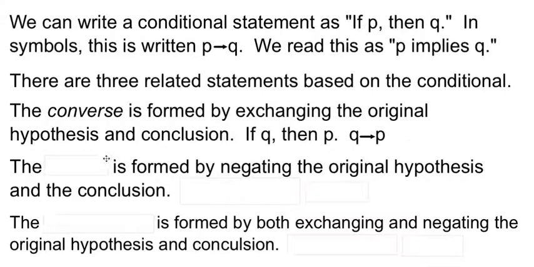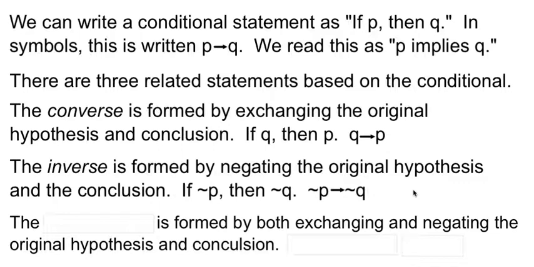The second related statement is called the inverse. The inverse is formed by negating both the original hypothesis and the conclusion. So instead of saying if P then Q, which would be the original statement, we would say if not P, then not Q. Symbolically, that would be not P implies not Q. That would be the inverse of the statement.